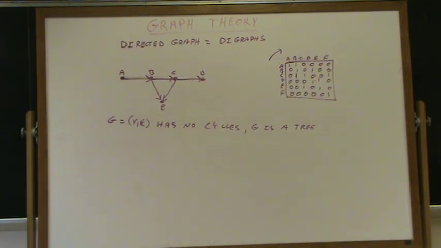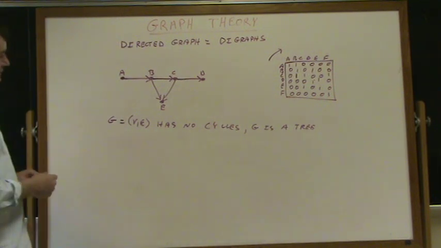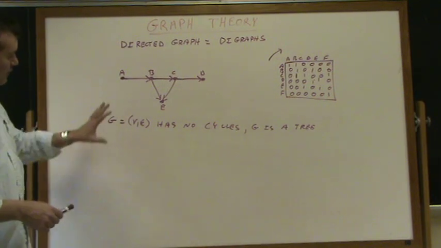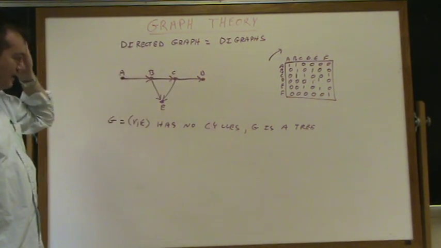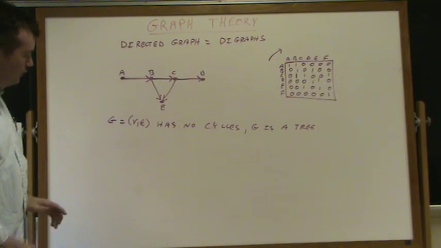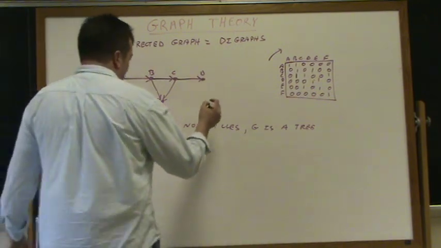So a tree is a graph that has no cycles. Okay? And so now another interesting definition is components. So if a group of vertices and edges are connected, they're considered a component. We could have a graph that looks like this.